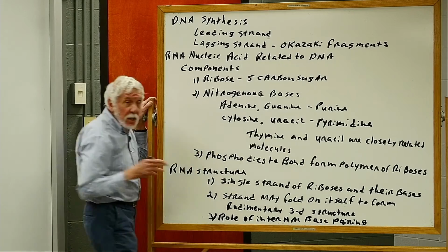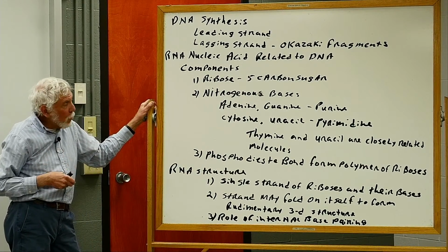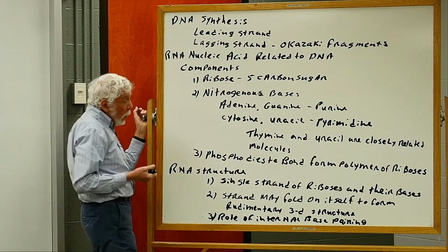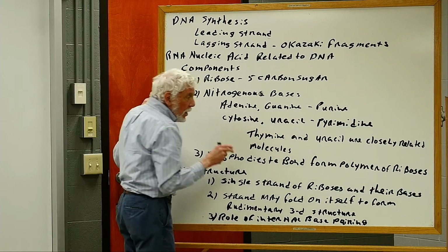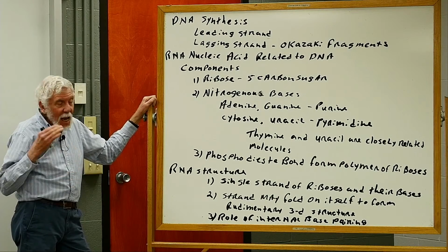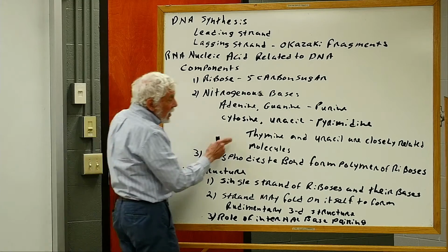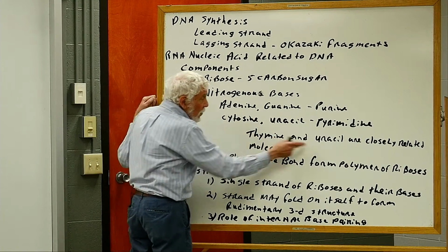Now, this has a different name from thymine. Remember, yesterday thymine was one of the 2 pyrimidines in DNA. But now we see uracil, and what I want to emphasize here, and I'll show you a picture, is that thymine and uracil are remarkably similar. In fact, thymine is often named biochemically as 5-methyl-uracil.